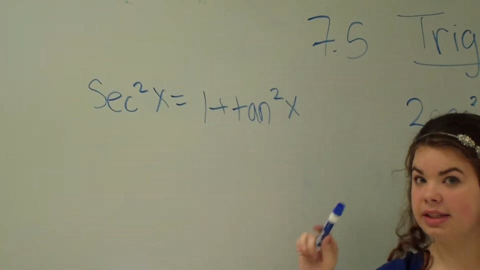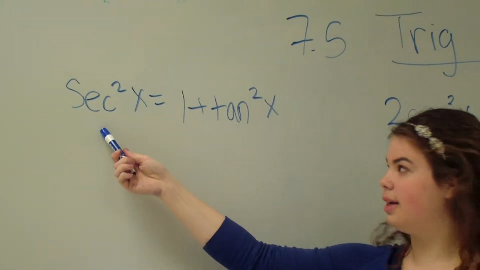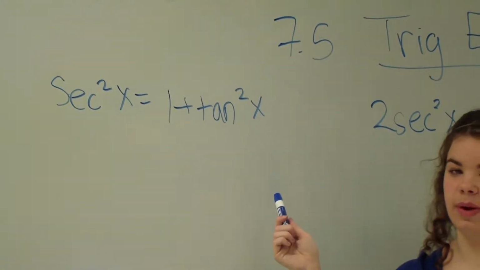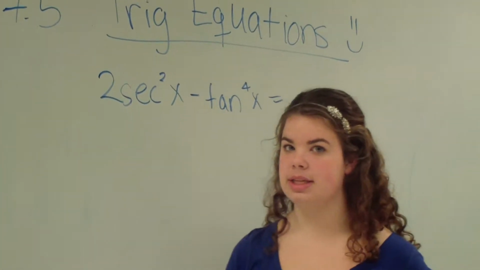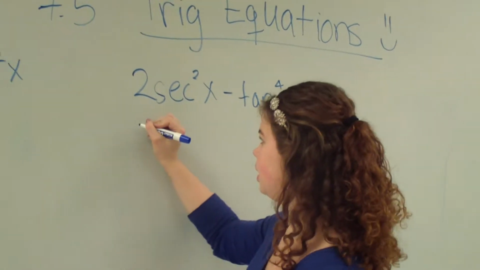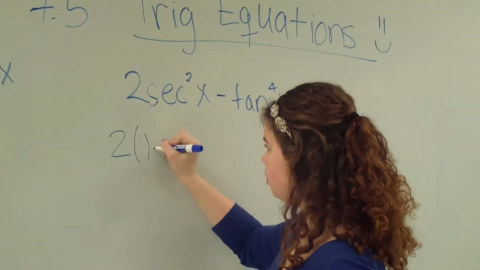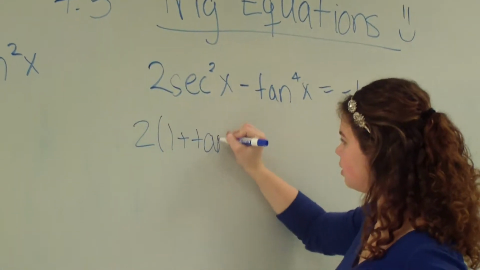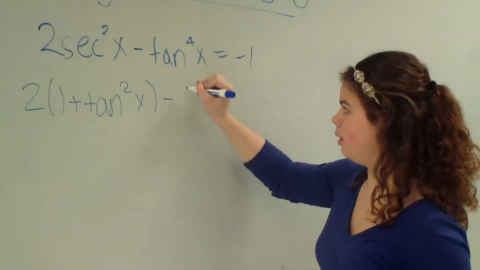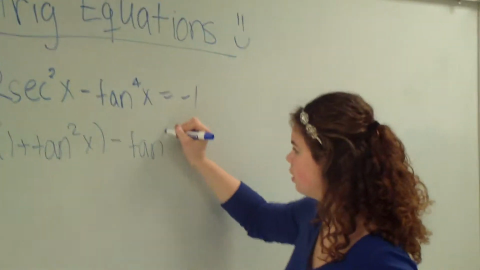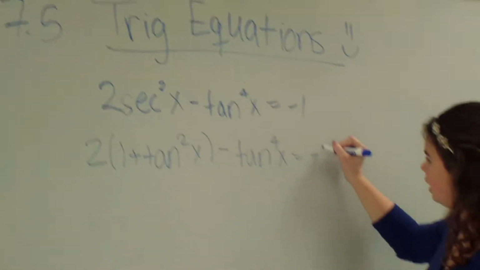If you remember back to trig identities, secant squared x equals 1 plus tangent squared x. So we're just going to substitute that in really quick to help us make this equal to 0. So 2 times (1 plus tangent squared x), and then we're going to put in the second part, minus tangent to the 4th x equals -1.